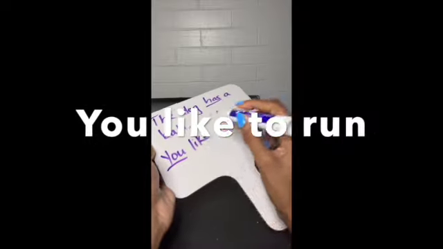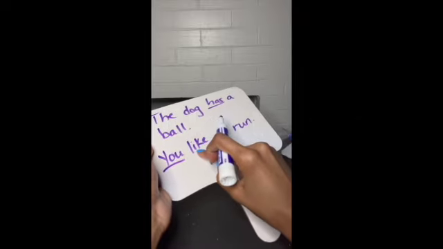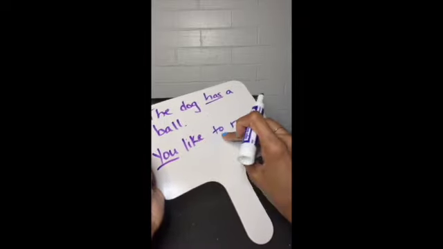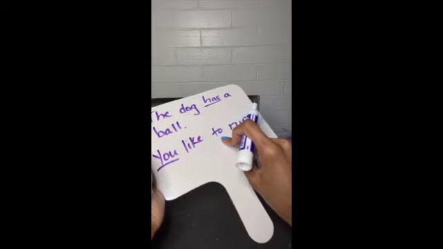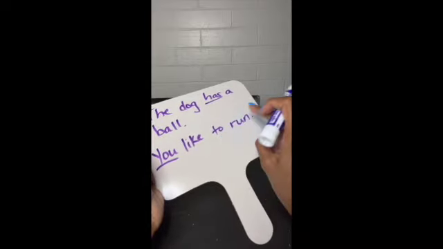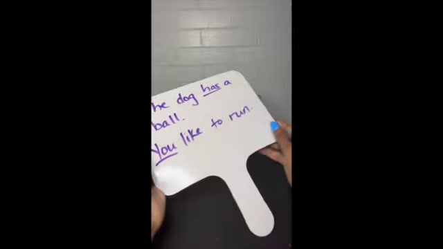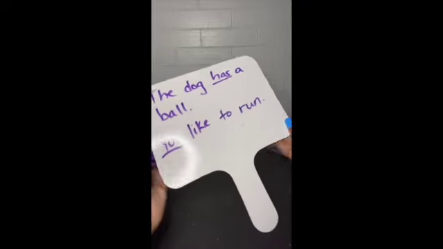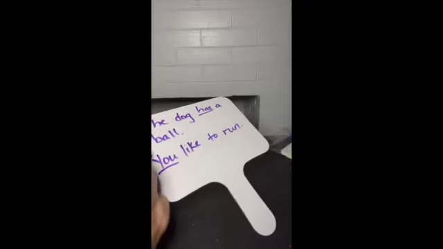So you is our word. Like comes a little bit later in the sight words, maybe first grade or second grade. To was second week, so they should know to. And then you're saying run. Draw me a picture of you running. So those are your 5 phrases. Hopefully they can say them and draw a little mini picture for it.